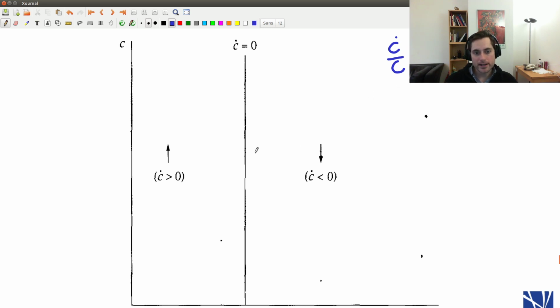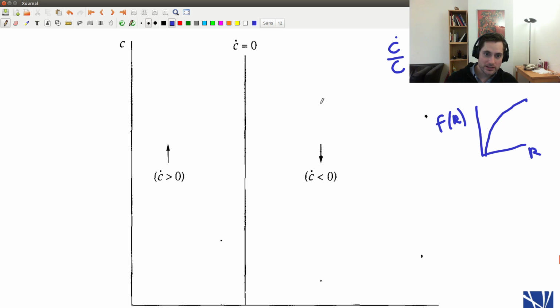Okay, and then on these two sides, when little k is very high, you'll recall that f of k is concave, right? So it looks like this. The slope is getting lower. So when little k is big, the slope of this is small, which means this whole numerator here is negative.